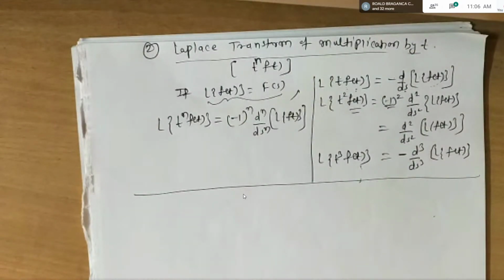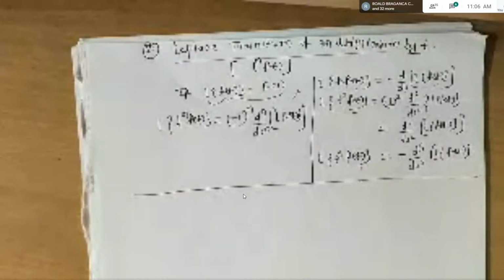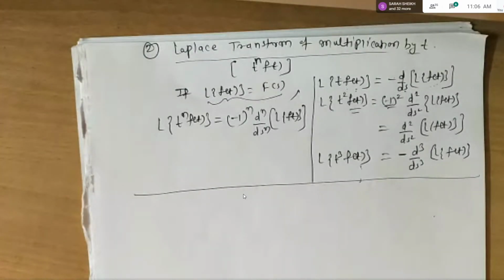So as n changes, your power of minus 1 will change and the order of differentiation will also change. Okay. All of you understood these formulas?